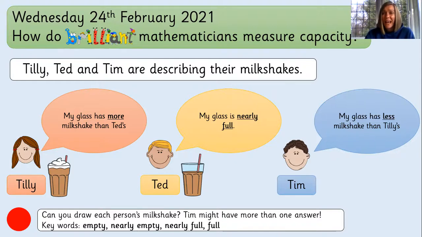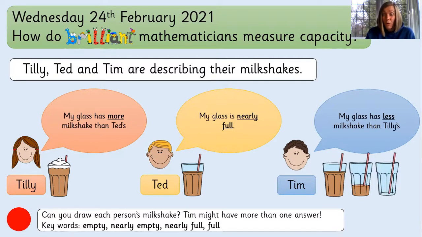So he has got those 4 words that we've learnt, but we know it can't be full because Tilly's is full and Tim says he's got less than her. So he could have had a milkshake that was nearly full, nearly empty, or completely empty. So Tim was doing a little bit of a trick there. There could have been 3 possible answers for Tim's work.